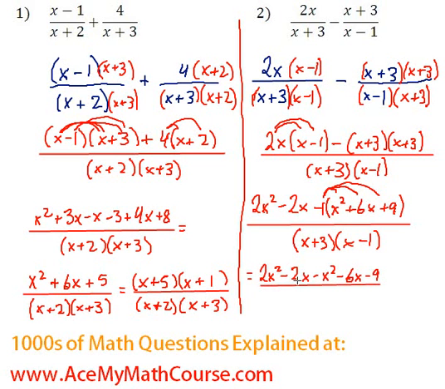Again, all over just x plus 3 times x minus 1. And finally, we can combine all these elements, add like terms. So 2x squared minus x squared is just x squared. Negative 2x minus 6x, negative 8x, and just minus 9.